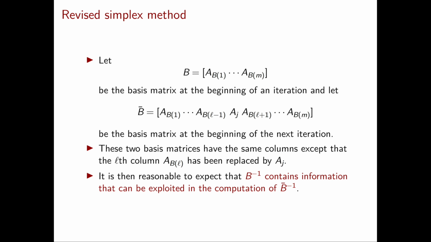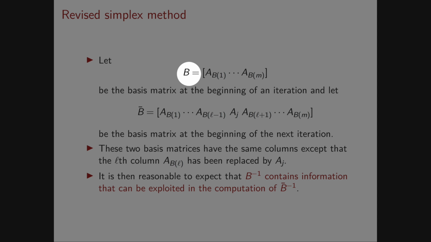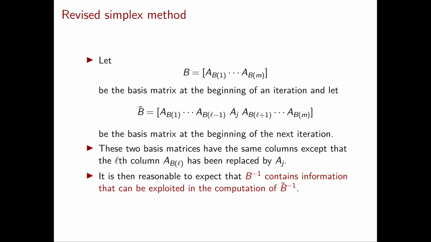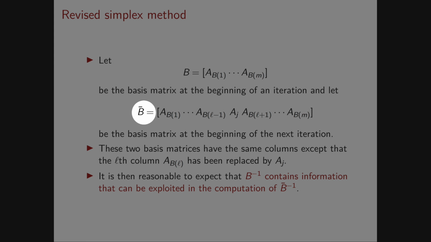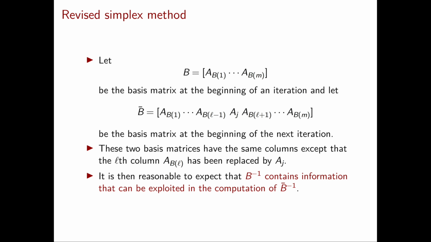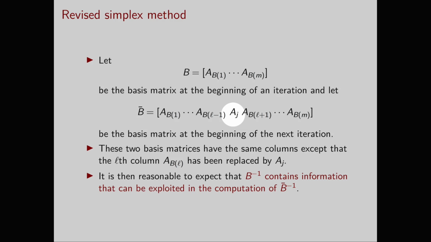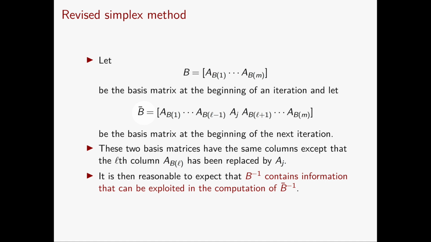In fact, at the beginning of our iteration, B is equal to AB1, ..., ABM, our m basic columns of the constraint matrix A. Now at the beginning of the next iteration, the basis matrix that we now call B bar is almost the same. We only replaced one column, namely ABL, with AJ. So B and B bar are almost the same.